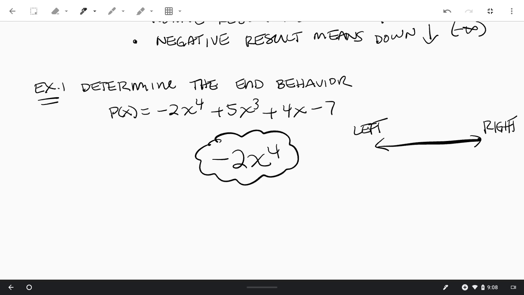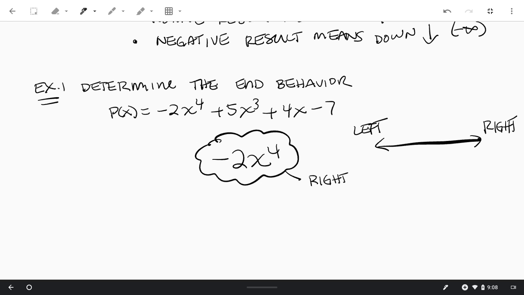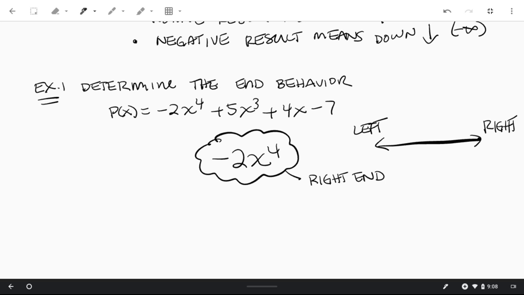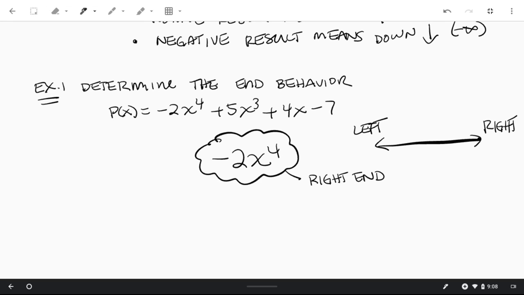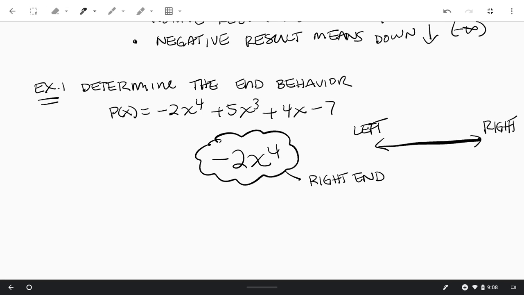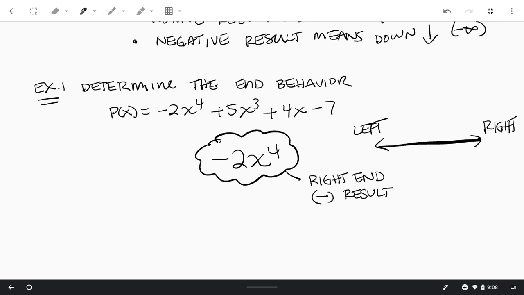Will our graph be going up or will it be going down? If we plug in a very positive number into this term, do I end up with a negative result or a positive result? I get a negative result. So that means it's going to be going down on the right.